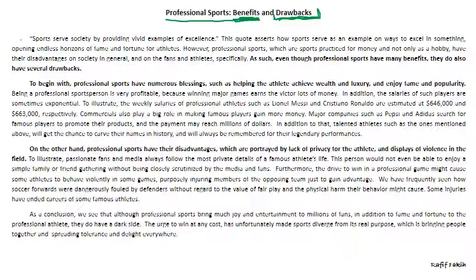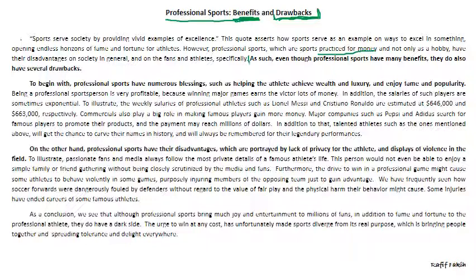I start with a hook. Sports serve society by providing vivid examples of excellence. A quote. This quote asserts how sports serve as an example on ways to excel in something, opening endless horizons of fame and fortune for athletes. However, professional sports, which are sports practiced for money and not only as a hobby, have their disadvantages on a society in general and on the fans and athletes specifically.